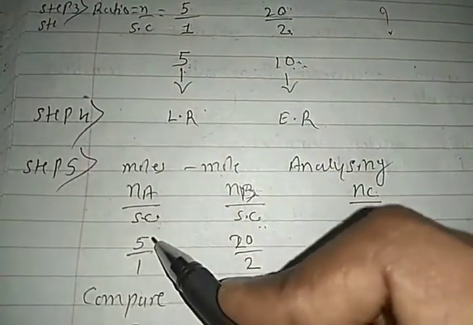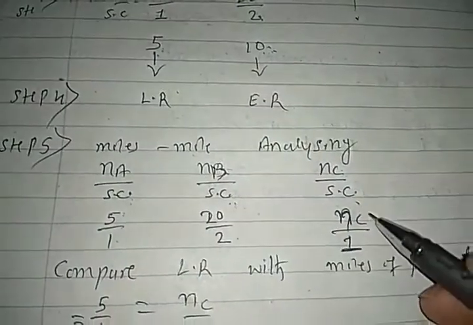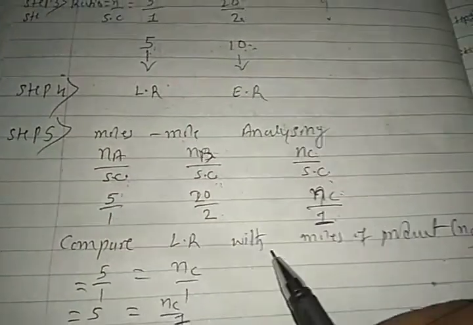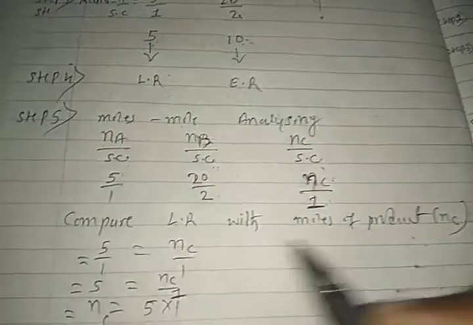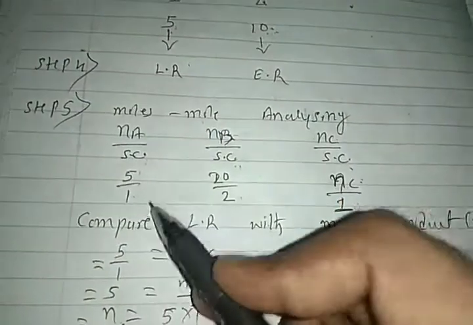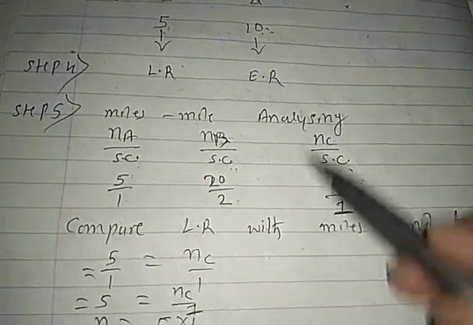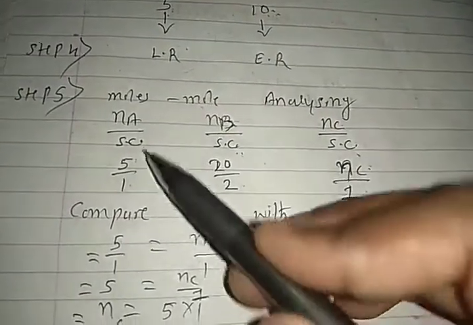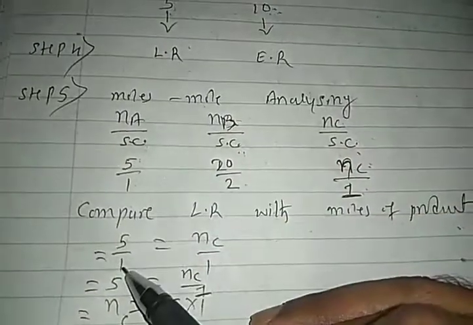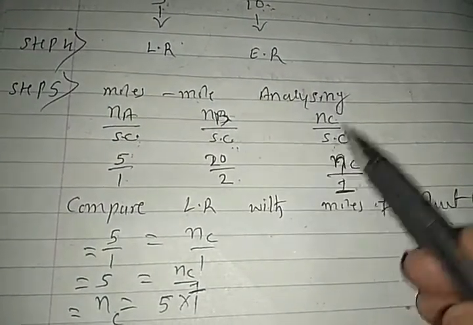We know moles of A is 5 by 1, moles of B is 20 by 2, and C by 1. Comparing the limiting reagent with moles of product, 5 is our limiting reagent. So we use it for determining the moles of product.